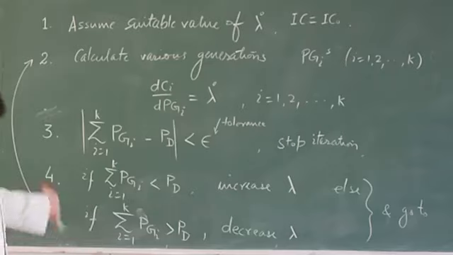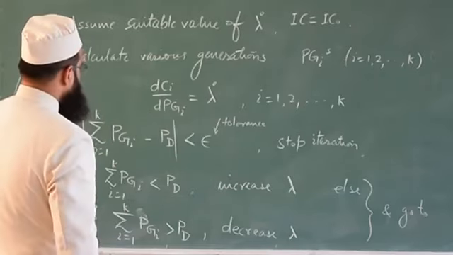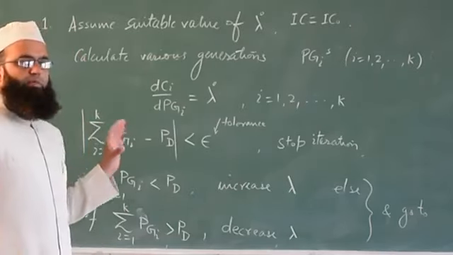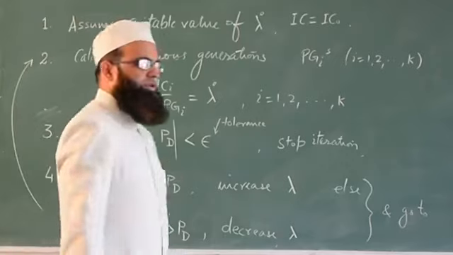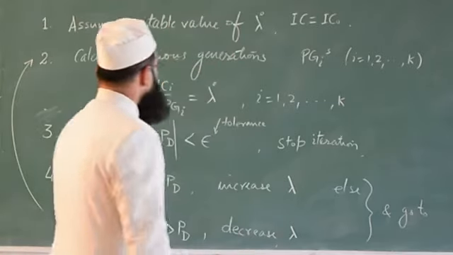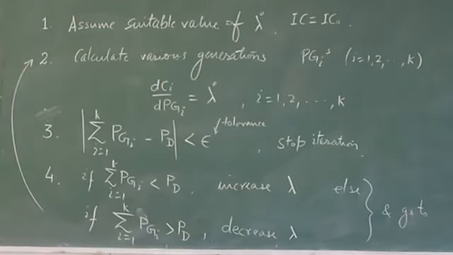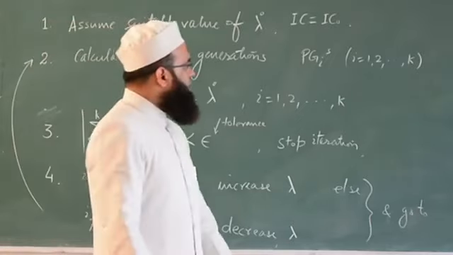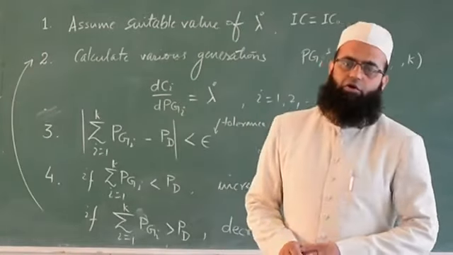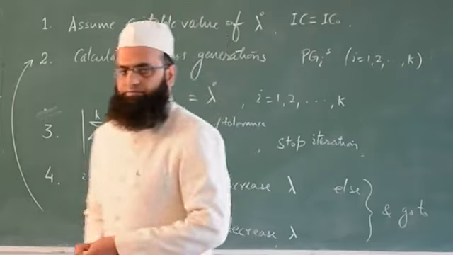This will be repeated until total demand is nearly equal to total generation. This way we will proceed with the iterations required for optimal load dispatch.